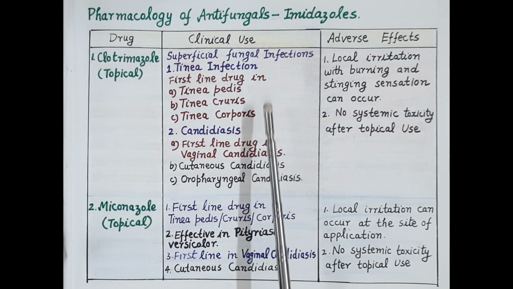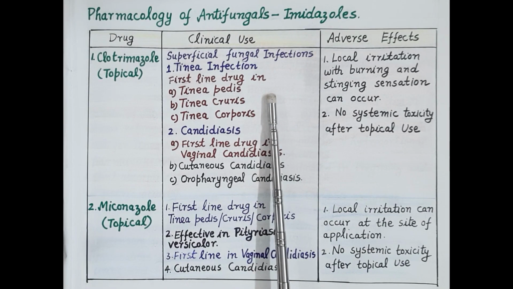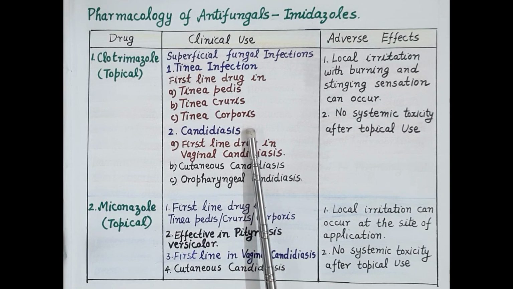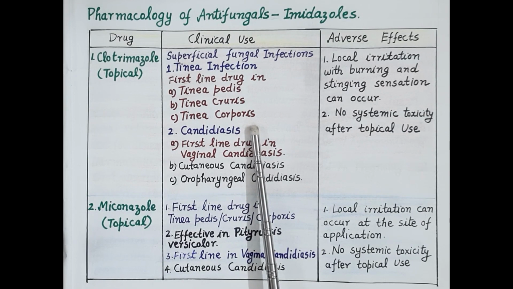So it is a first line drug in the treatment of tinea pedis, that is a tinea infection of foot, also known as athlete's foot. Then tinea cruris, that is the tinea infection of groin, also known as jock itch. Then tinea corporis, that is also known as the ringworm infection, and it can affect any part of the body like trunk, arms or legs.